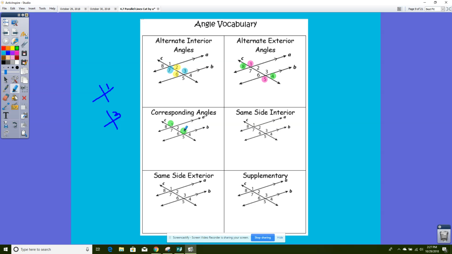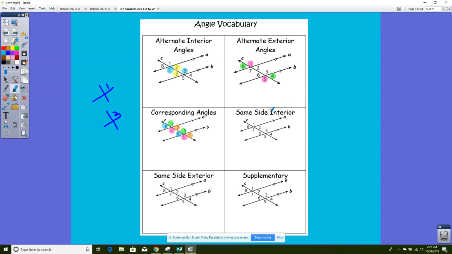So 1 and 3 are corresponding, 2 and 4 are corresponding, 8 and 6 are corresponding, and then 7 and 5 are corresponding.